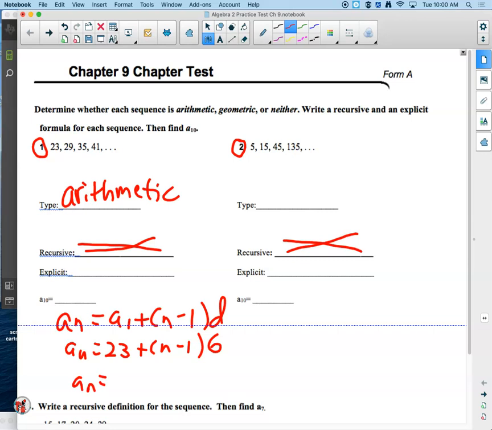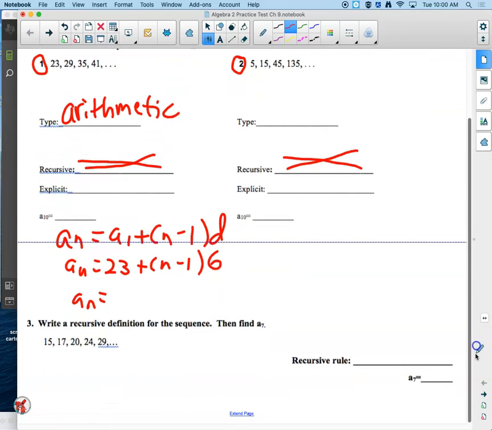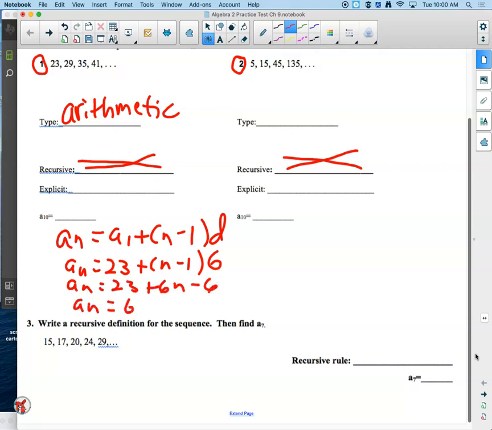So in the end, I'm going to run out of space here. Let me squish a little so I'm not skipping steps. Is that what you got while I was rewriting that? All right, so that goes in the explicit slot. And we have one more slot we have to fill.